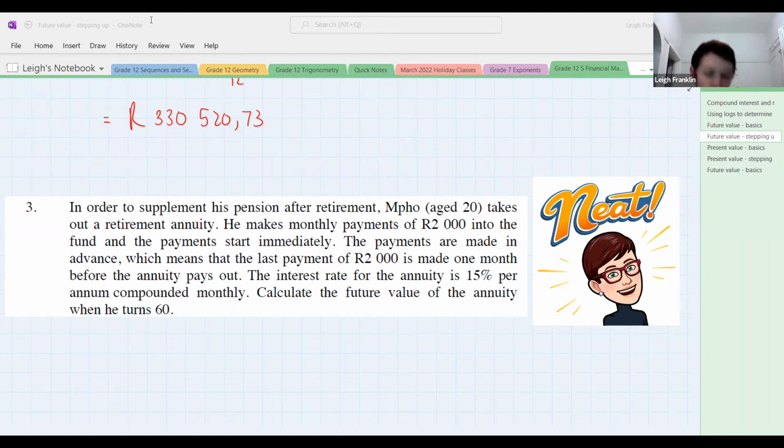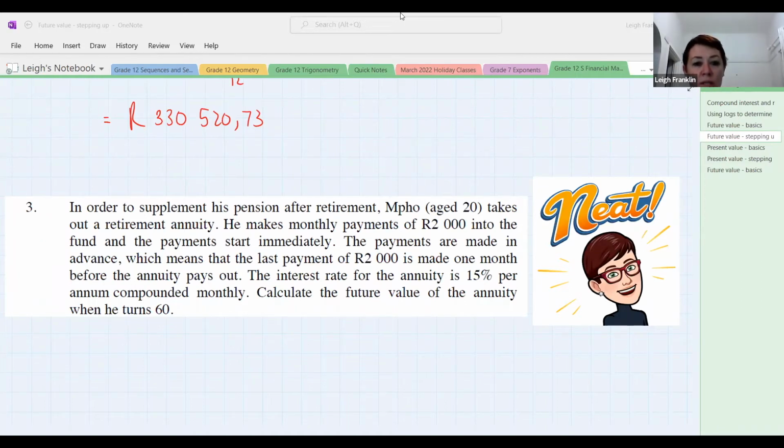When we read a question like this, we have to ask ourselves first of all what formula we are going to use. Because it's Mpho saving money, it's a retirement annuity, and there are regular payments of 2,000 Rand going in every single month, those are the clues that we need to use future value.